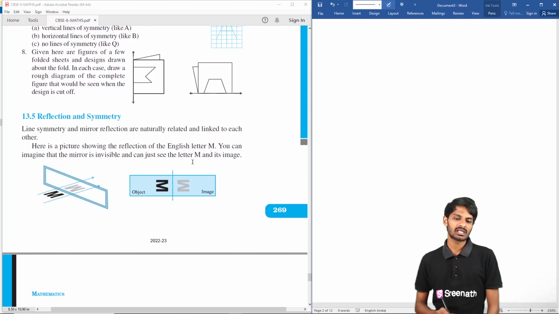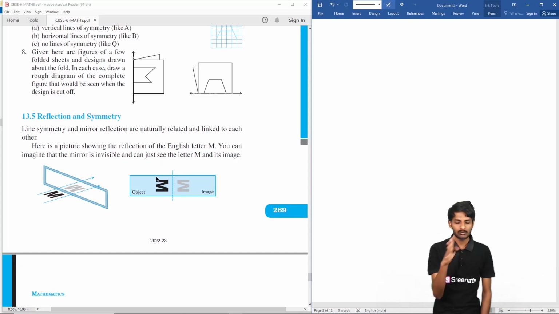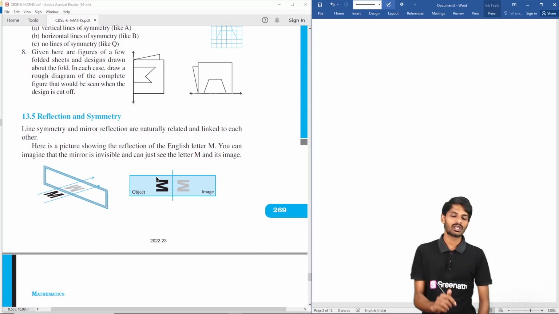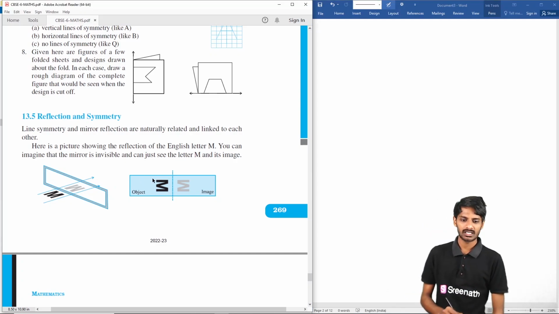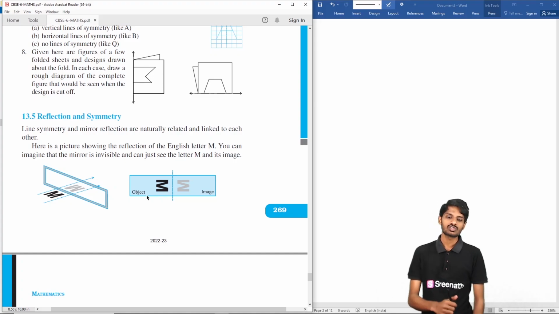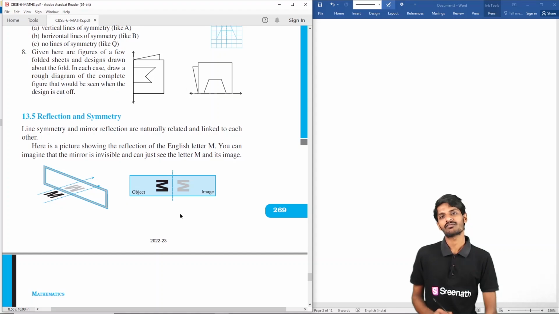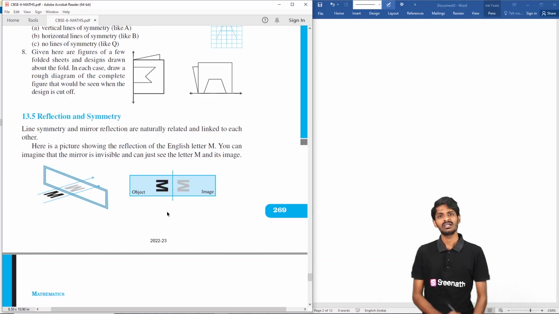Here you have placed the mirror, and in that mirror the image of the M is visible, but for now remove it, just think there is no mirror. If you look at the object M and the image of that M, the line where you have placed the mirror is the mirror line, and it looks like the line of symmetry, friends.